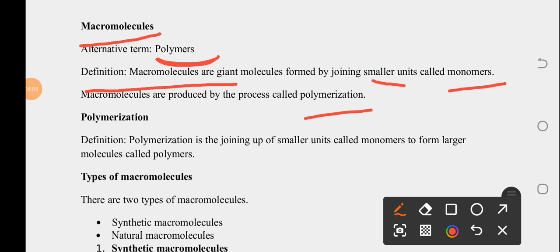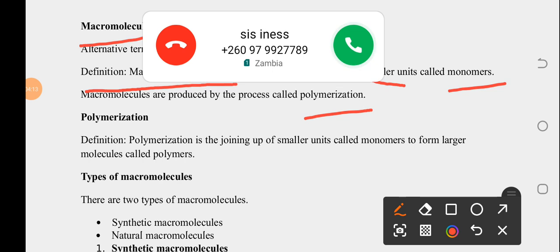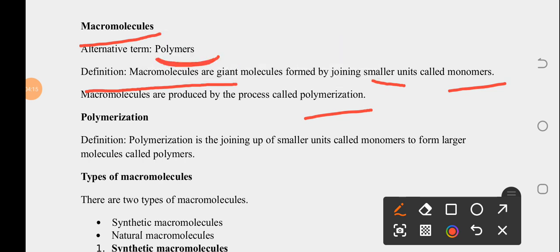Do not confuse these two words. A monomer is a smaller unit, but a polymer is a larger unit which is formed as a result of the combination of these smaller units, which are called monomers.